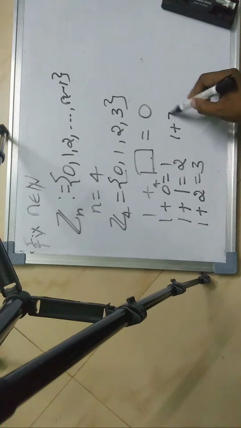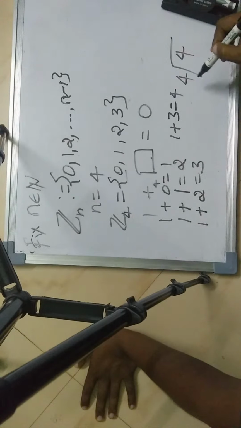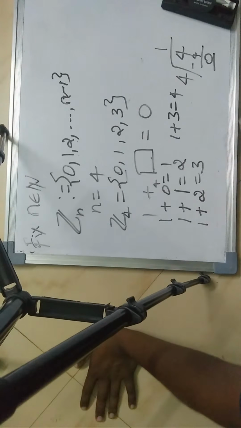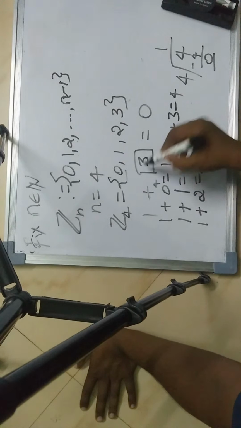Now 1 plus 3 is 4. When you divide 4 by 4, your quotient is 1 and the remainder is 0. So the inverse of 1 is nothing but 3.